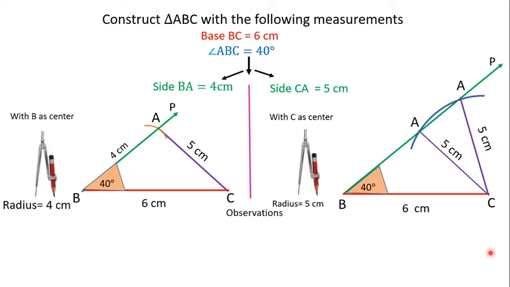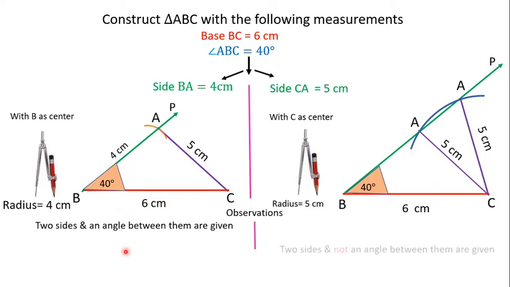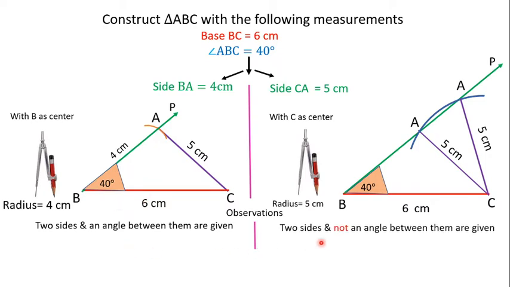What are the observations that we can make here, friends? In the first case, two sides and an angle between them are given. See, AB, BC and angle B are given. We say that two sides and an angle between them are given. Whereas in the second case, two sides and not an angle between them are given.